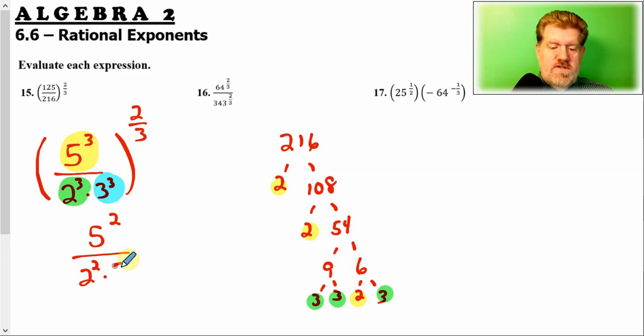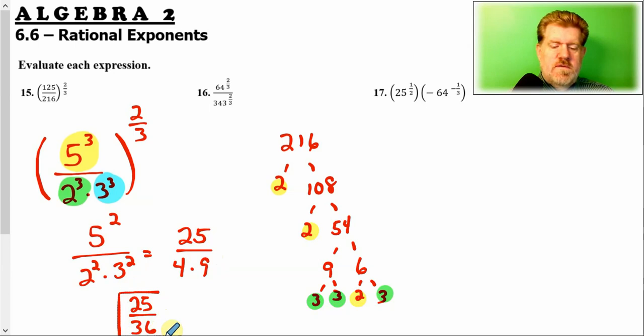That's why we have 3 squared. So that's what these all become. 5 squared is 25. 2 squared is 4. 3 squared is 9. This answer will be 25 over 36. Can't be reduced, so that's a fine answer.